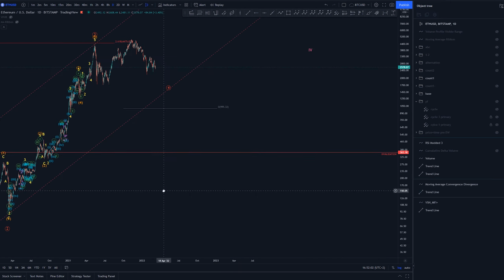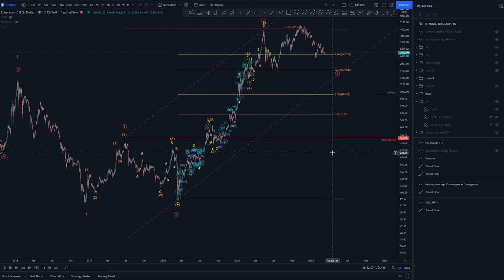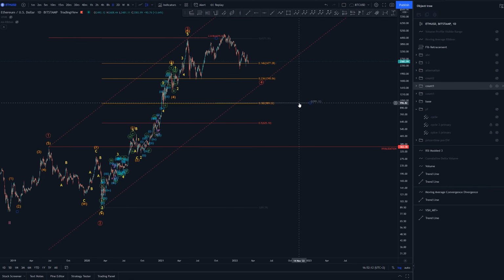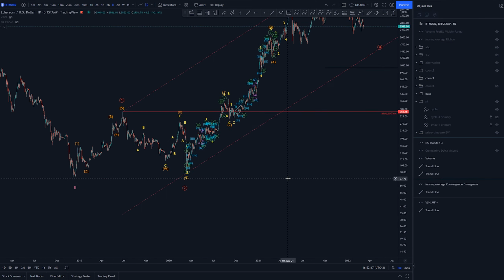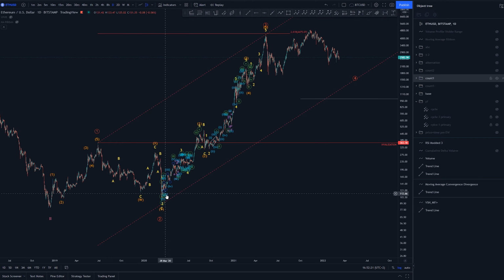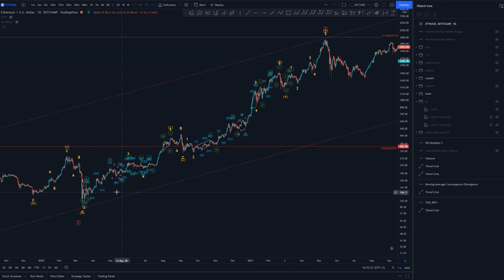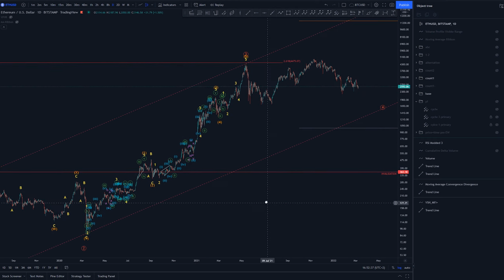Okay, so this line here is just a 382 retracement. Just keep that in mind. But I did a lot of different label counts here, and this looks pretty okay. Had to go pretty low wave degrees in some spots to make this count valid, but it looks pretty good as it is.